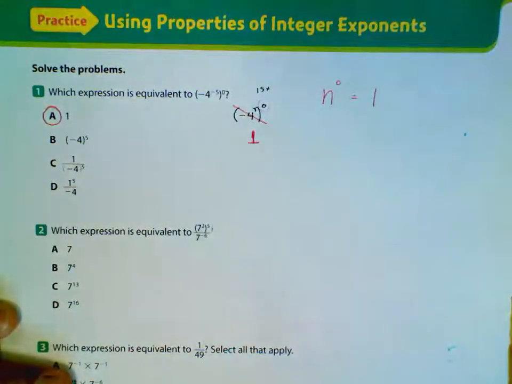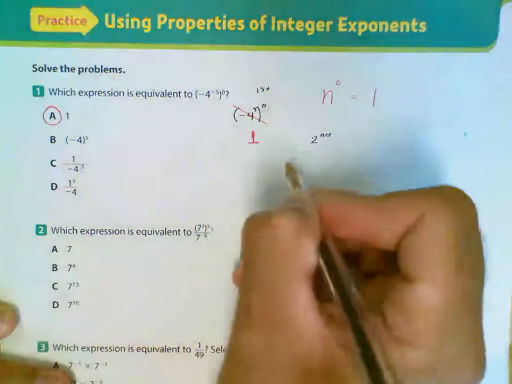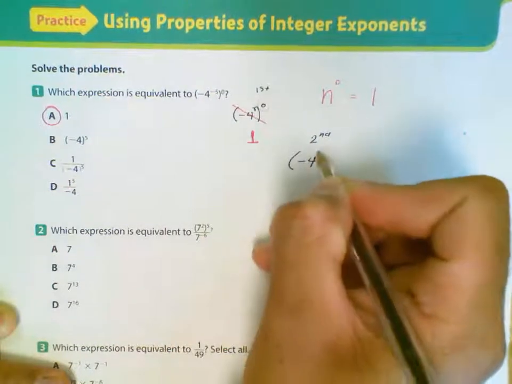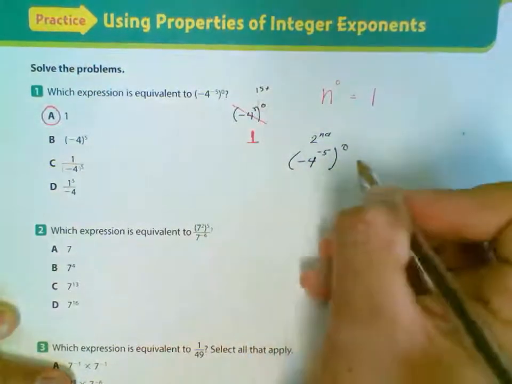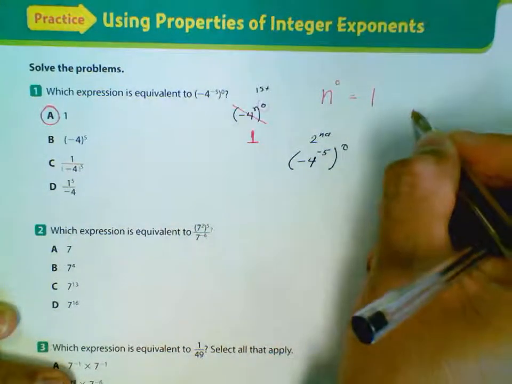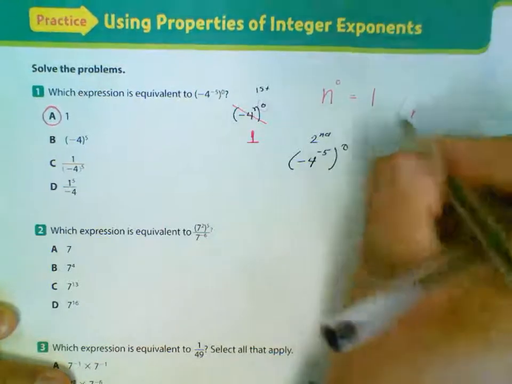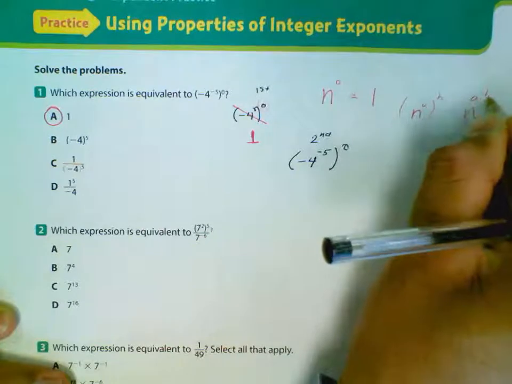What is another step? Okay, so second step. So if you have -4 to the -5th power to the 0, remember the property that n to the a to the b power is equals to n to the a times b.